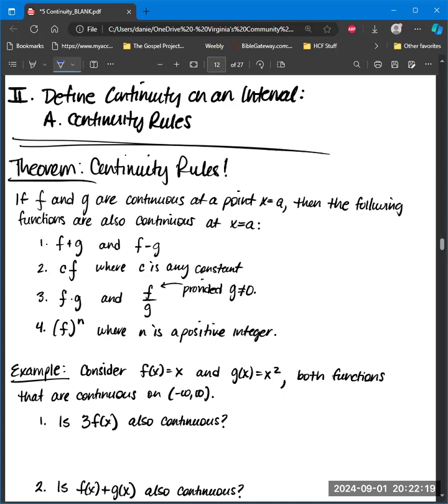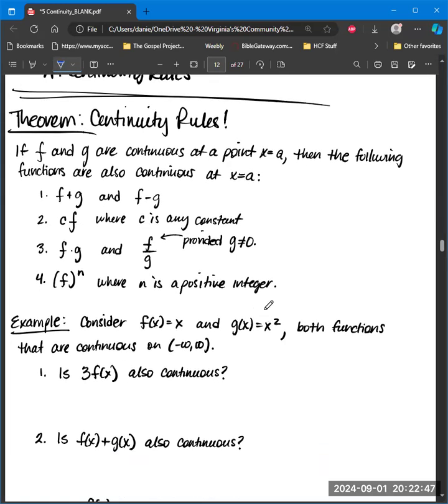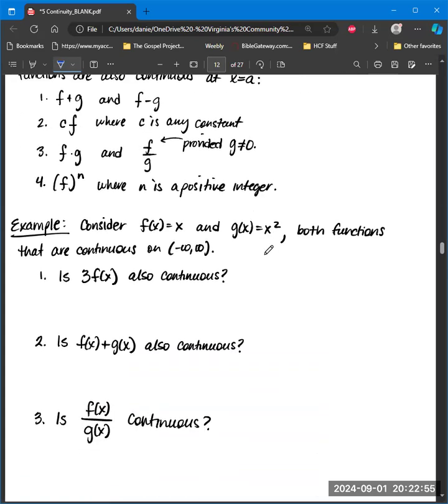A constant multiple times the continuous function, where c is any constant, will also be continuous there. The product and quotient of those functions will also be continuous provided that the denominator of the quotient is not equal to 0, and for any positive integer n, the continuous function raised to the nth power will also be continuous at x equals a.